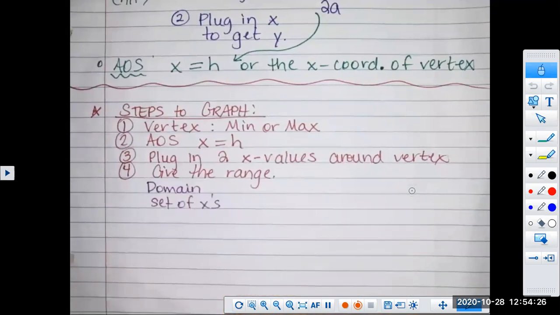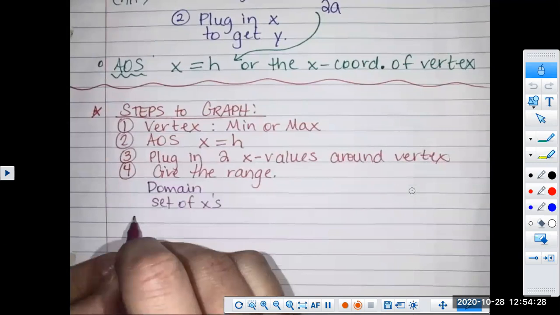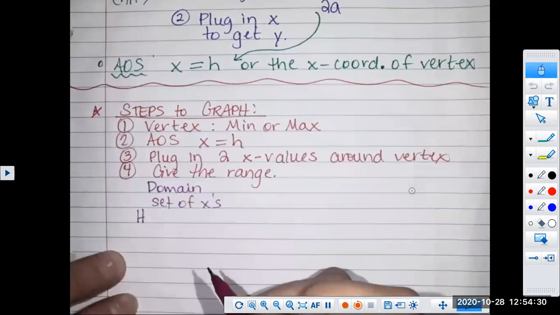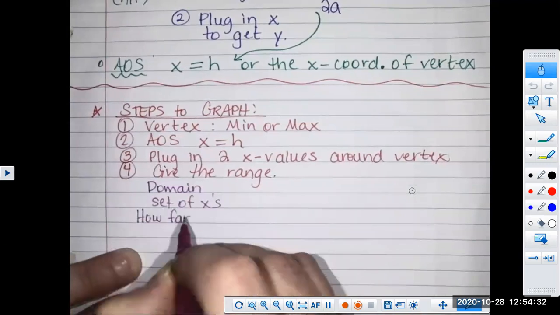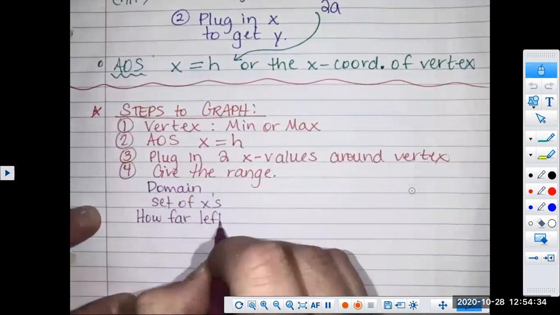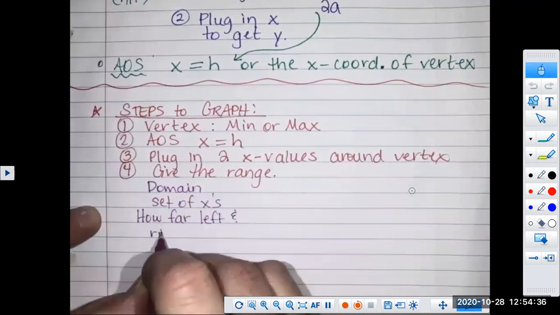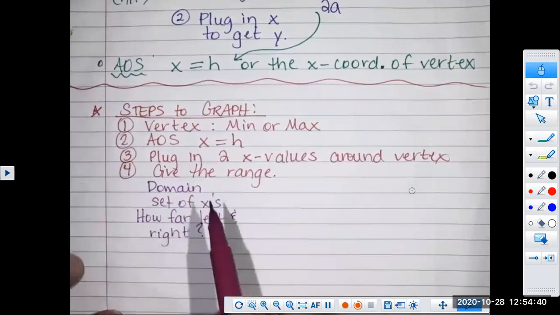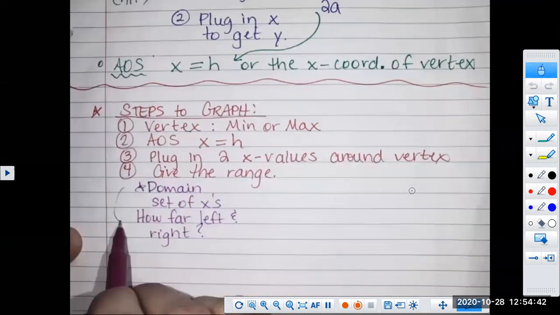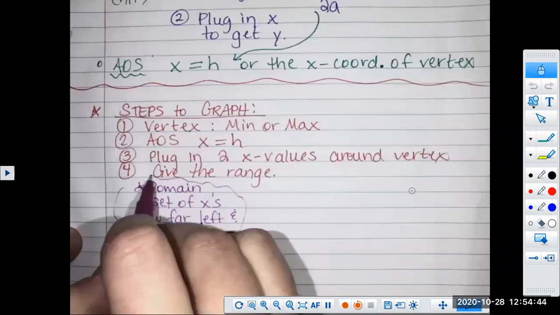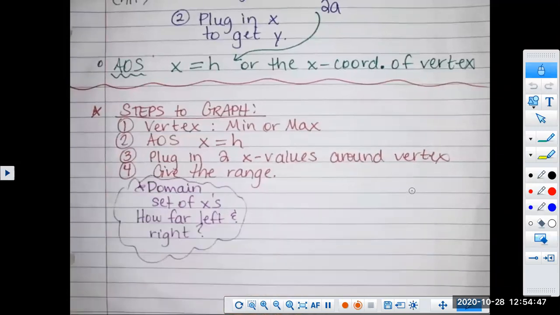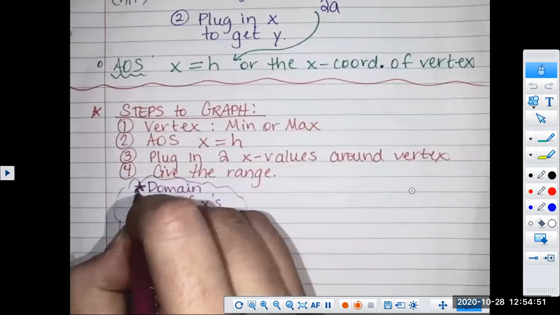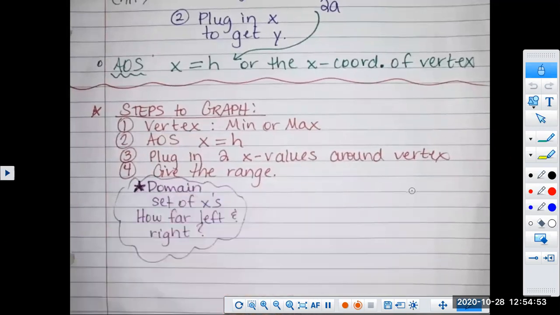In other words, all you have to do to get your domain of a graph is you look at how far left and right your graph goes in relation to the x-axis. So how far left and right. So domain is set of x's, and you look at a graph how far left and right it goes. How far left and right is every parabola going that we've graphed?